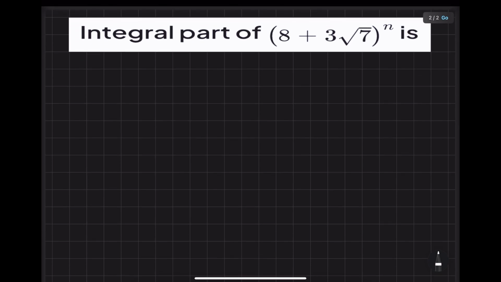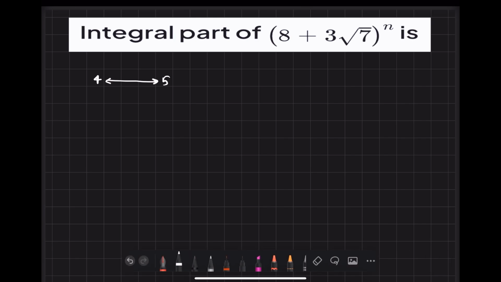So the idea is, just look at these numbers. Suppose that I am 4 and you guys are 5. I am interested in finding some square. Right now the gap is what? The gap is 1. Now suppose that you have to find the square.